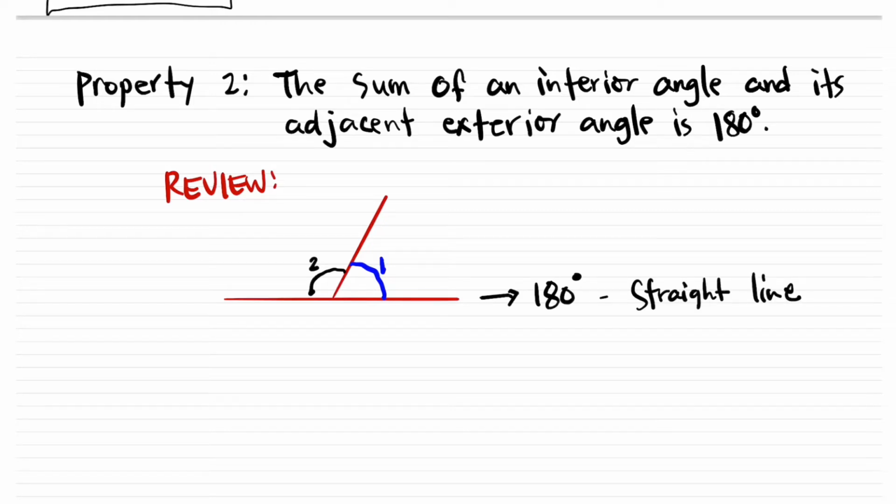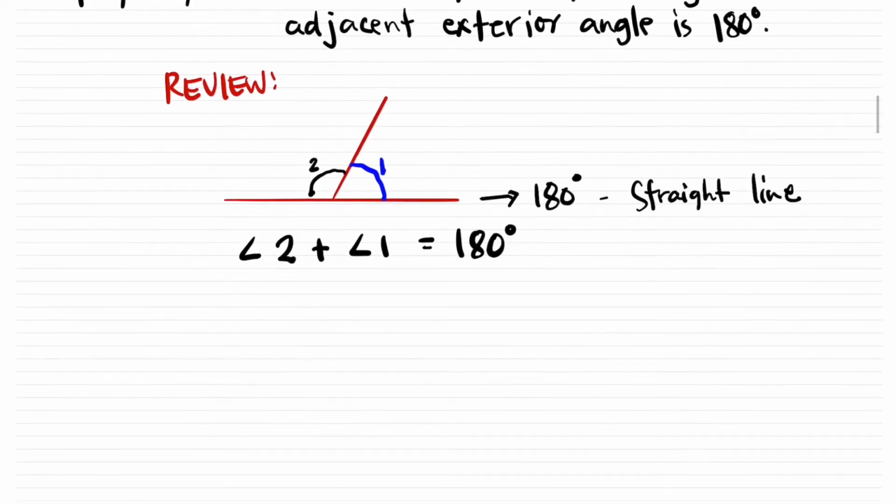So therefore it is safe to say that angle 2 plus angle 1 is equals to 180 degrees. When the lines are perpendicular to each other within the straight line, the angles created with that perpendicular line must be equal to 180 degrees. Okay, so I need you to remember that one always.